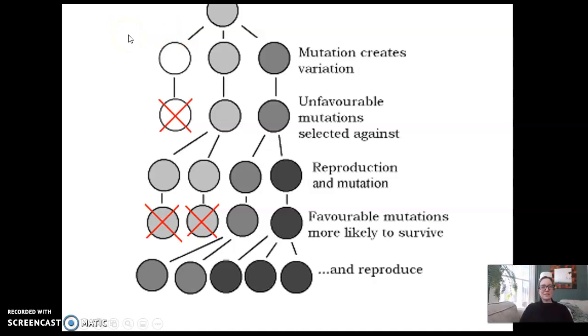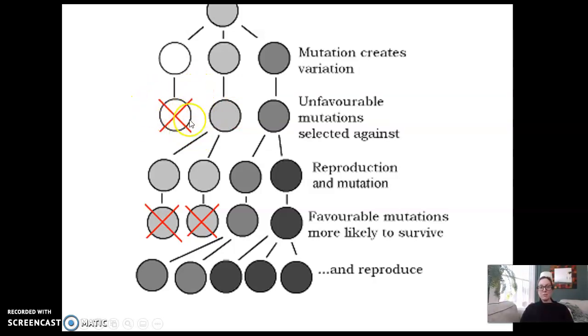This is a very simple illustration showing how variation, these different colored dots, can lead to a population change or evolution. In this scenario, unfavorable mutations select against the light colored dot.